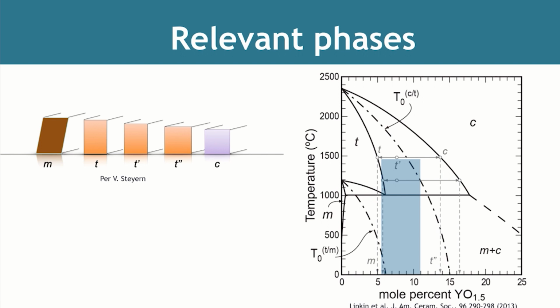The T double prime is often not discussed. This is partly due to its difficulty in being evaluated, but studies such as synchrotron studies have reported this phase as also being relevant.